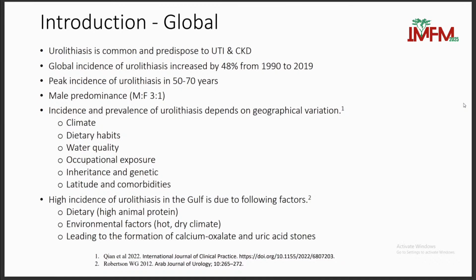As you know, renal stone disease, which is urolithiasis, is a common and predisposing factor for urinary tract infections as well as kidney diseases like chronic kidney disease. The global incidence of urolithiasis is really increasing, and the burden of stone disease is becoming more and more.